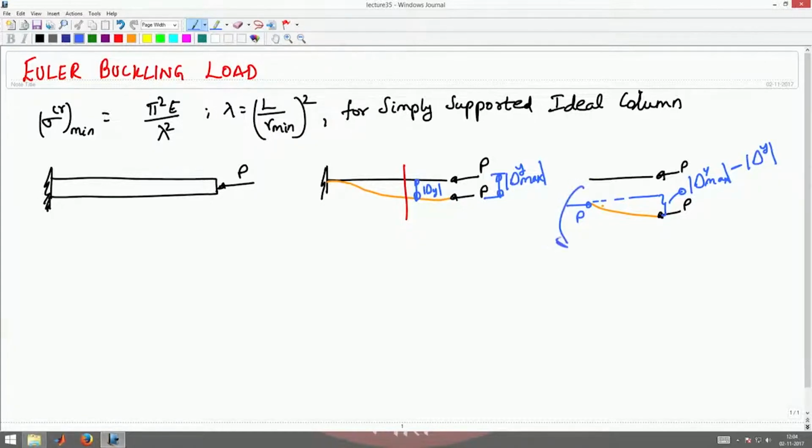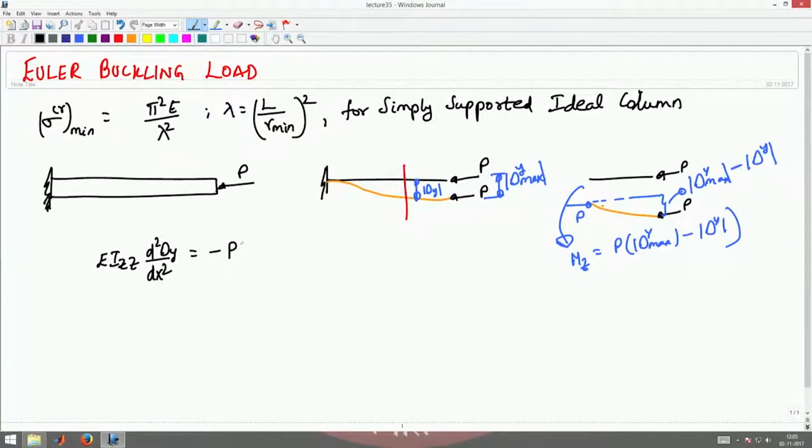So I will have an anticlockwise moment M z, which is P times the absolute value of delta y max minus the absolute value of delta y. Now I go back to my governing bending equation, which tells me that E times I z z into d square delta y by dx square must be equal to M z, which is a negative moment here.